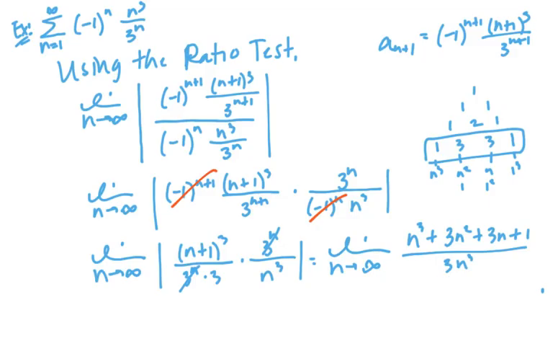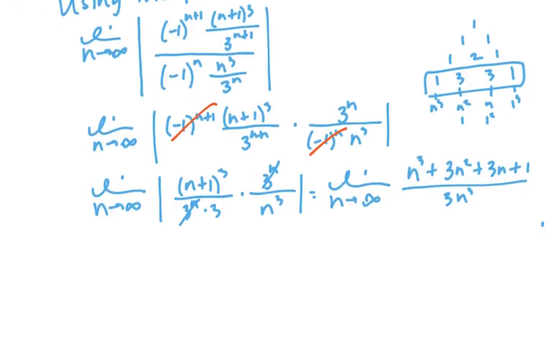So on the denominator, we have 3n to the third. Now, you can use L'Hopital's rule, but let's divide through by the highest power of n in the denominator. And you say, how do you know when to do which? Well, if you can use L'Hopital's rule, you can divide by the highest power of n in the denominator. If we use L'Hopital's rule, we would use it 3 times because we have an n to the third. That's the difference here.